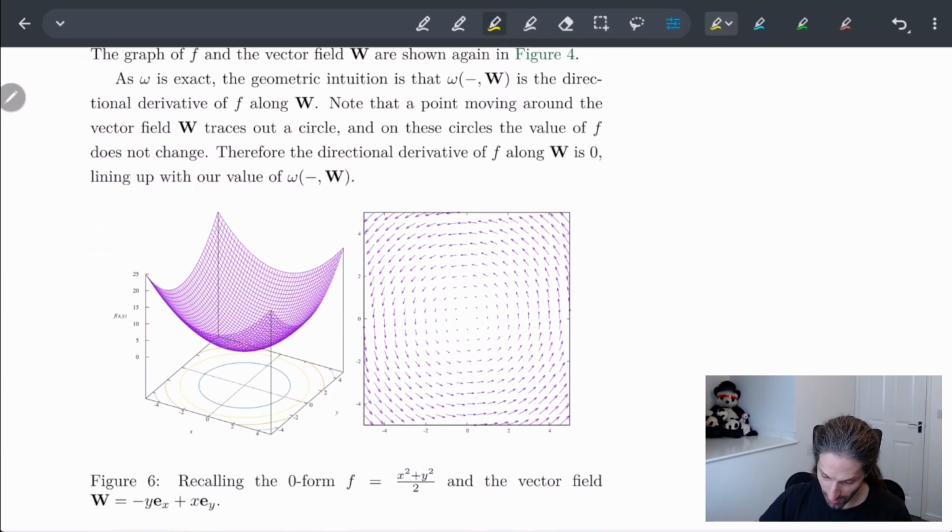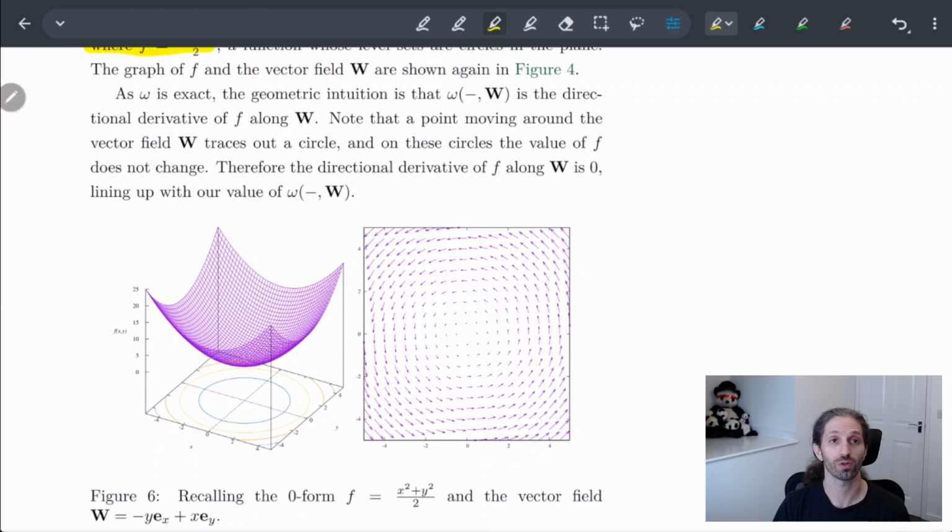So here, let's look at these two again. We've redrawn the two images from before, so we can look at them one after another. And this is one of the things that I was implying from before. Since omega is exact, the geometric intuition is that this function gives us the directional derivative of f along w.